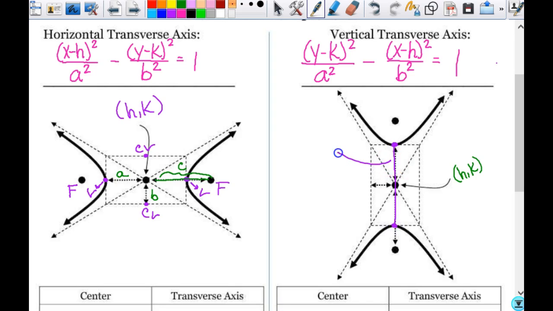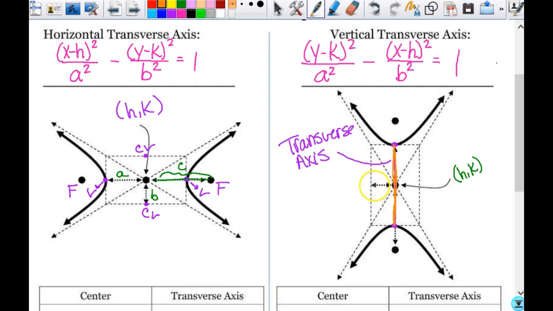So this is the transverse axis. Oh, goodness, I'm leaning with my ID. Okay, so the transverse axis is not always the vertical axis, but it is the one where the center and the vertices all line up.